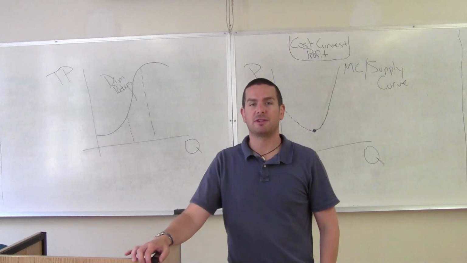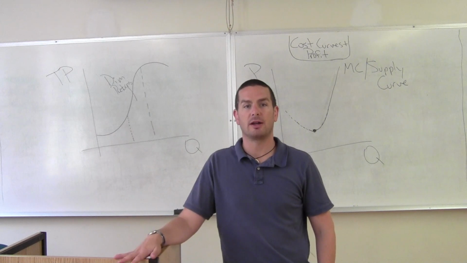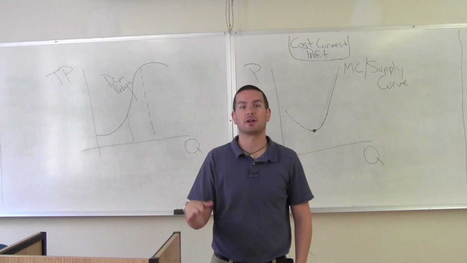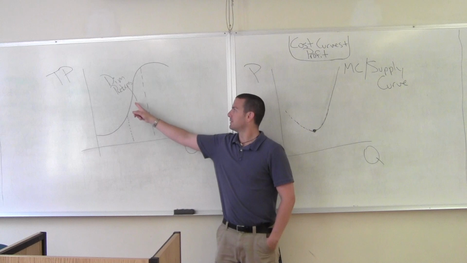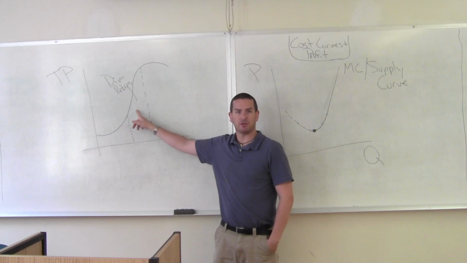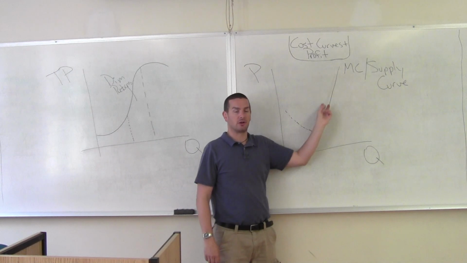Well, if it turns out that there's no such thing as marginal products, then you don't have diminishing returns. And if you don't have diminishing returns, you can't make a marginal cost curve.